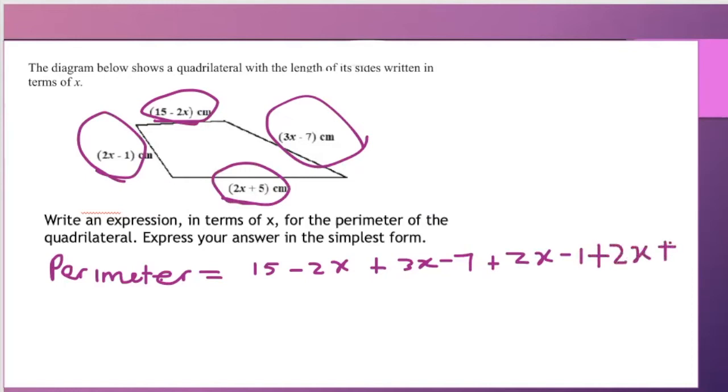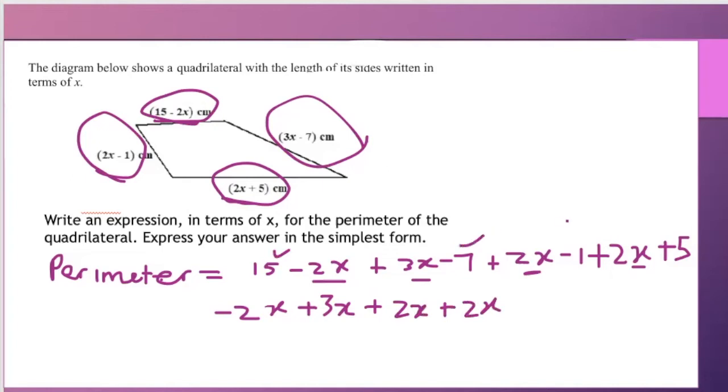Now, grouping like terms, I'm going to group the x terms together. So I'm going to have minus 2x plus 3x plus 2x plus the next 2x. Then I'm going to group the constants, which are 15 minus 7 minus 1 and 5.